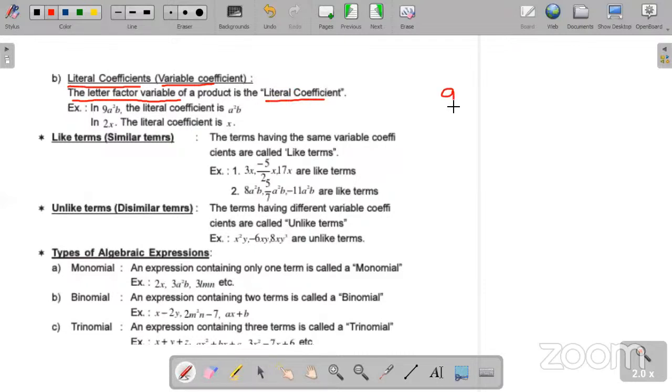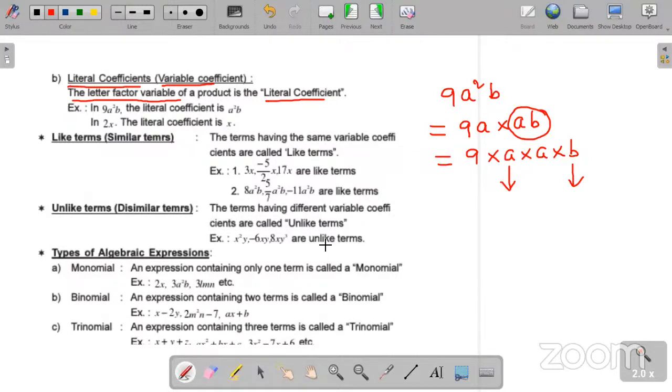For example, 9a square b is there. 9a square b is the algebraic expression. This algebraic expression we can write like this: 9 into a into a into b. So that means a is a literal coefficient, b is also a literal coefficient, ab is also a literal coefficient. But 9 is called the numerical coefficient.